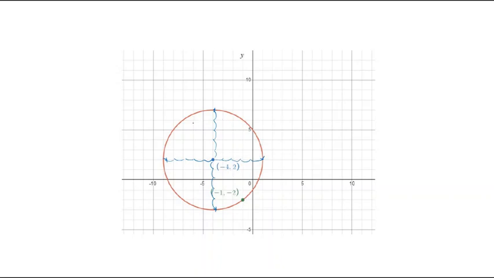And then you connect all 4 points to get the shape of a circle. You must get the shape right and also the plots of points, especially the center.